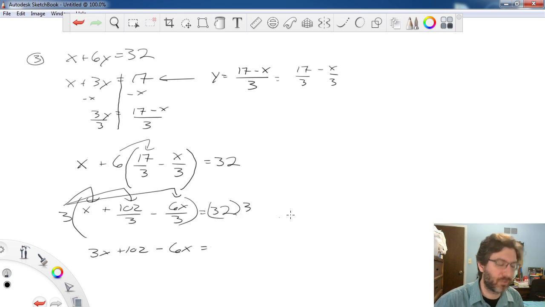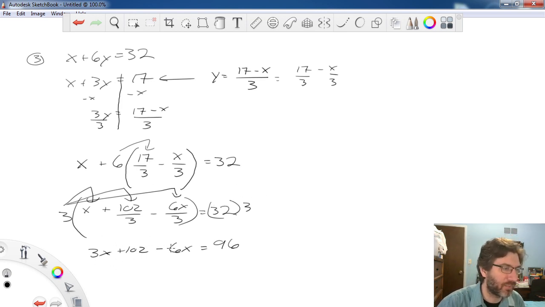Equals, and then 32 times 3 gives us 96. So hopefully you understood the getting rid of the denominator. Again, I just chose 3 because that was my denominator. And again, if I'm going to multiply this side by it, I have to multiply this side by it as well. You get really good at that, you'll be awesome at completing the square next year, which is probably the hardest thing that we cover next year.